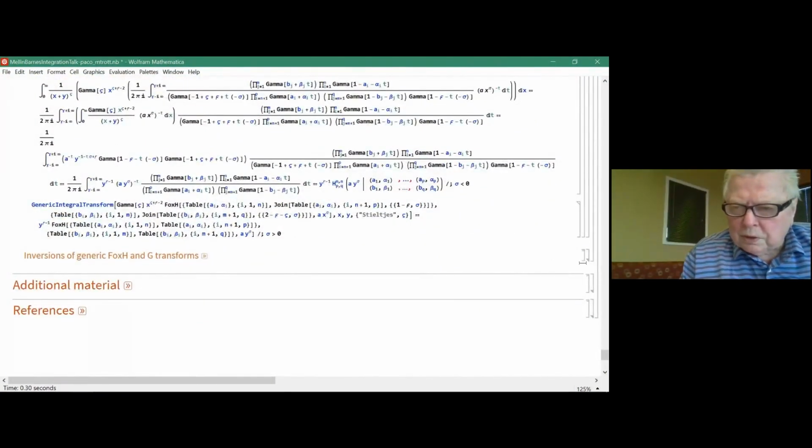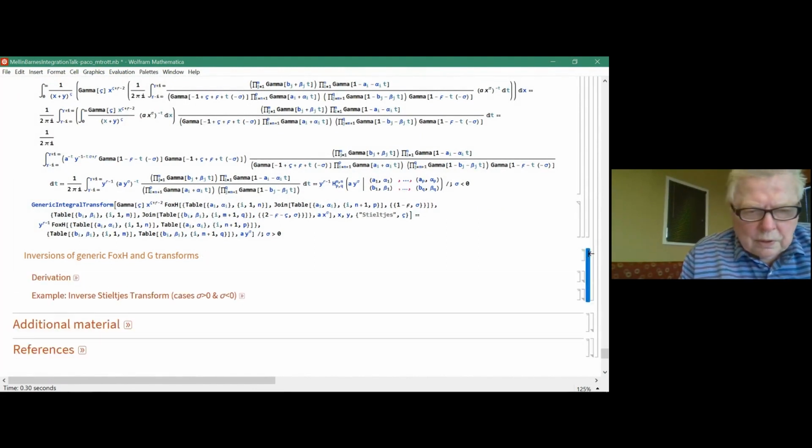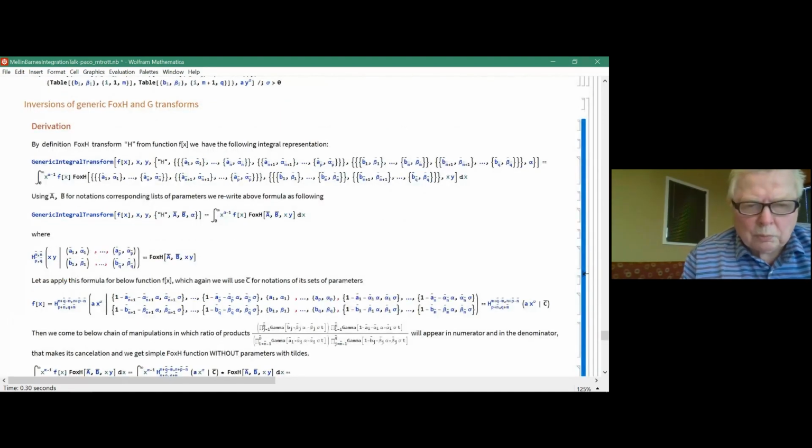And here you see procedure how to derive this inverse FoxH transform. Now, I will not go into details. It's too complicated.